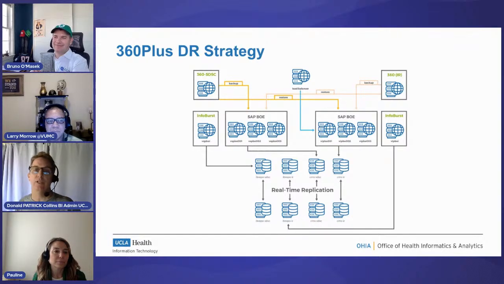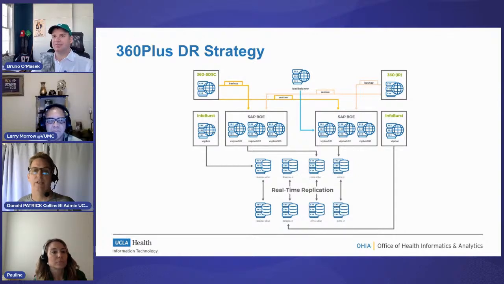What we ended up doing then is we took a really strong look at 360, and specifically 360 Plus, because we were already able to do a full backup of that environment. So what we ended up doing is propping up 2 independently running parallel environments. For all intents and purposes, it's almost like having a prod and a test environment.